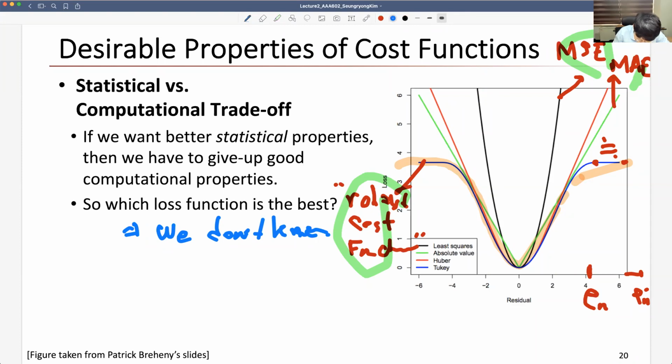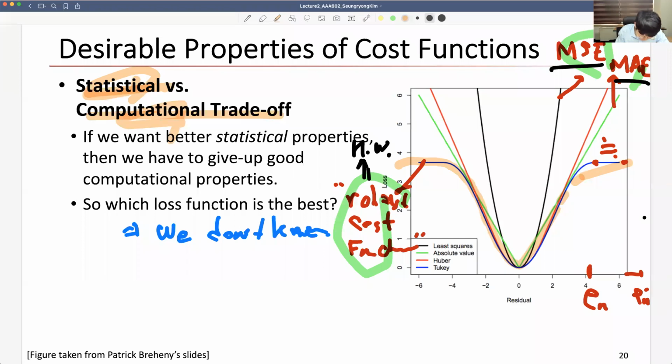So this cost function requires many more operations compared to just simple MSE and MAE, right? So in other words, there is a very well-known trade-off between the statistical properties and computational cost.